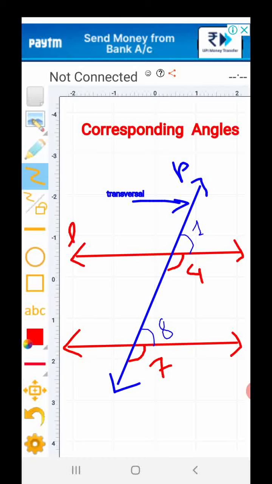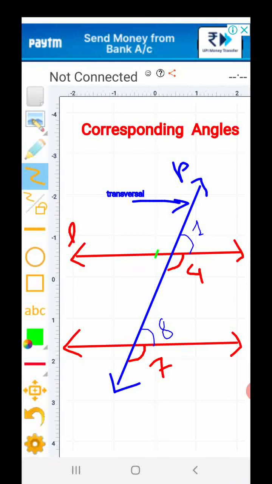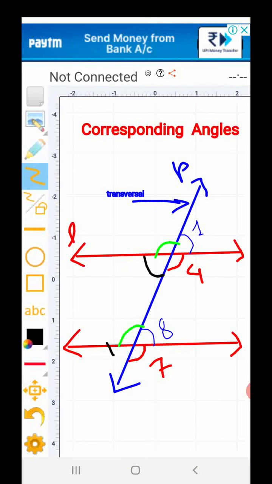Now we see the left side of the transversal. This and this. Similarly another is this and this.